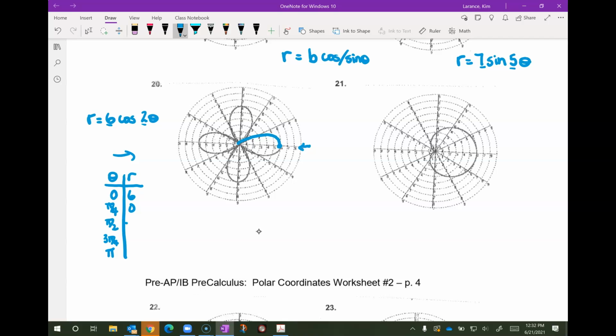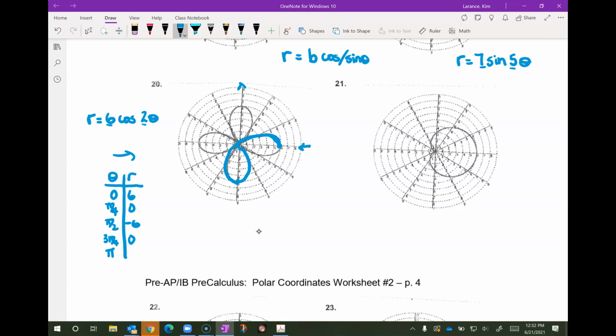So here I'm going to get -6. So when I'm faced this way, I'm down here. So it looks like my path looks like this. See where? I've kind of graphed 2 halves of 2 different petals, not of the same petal. 3 pi fourths is going to take me back to 0. So there I have finished a petal.